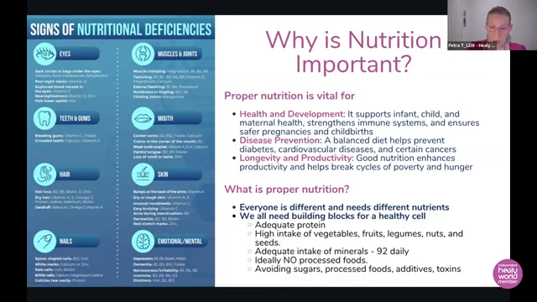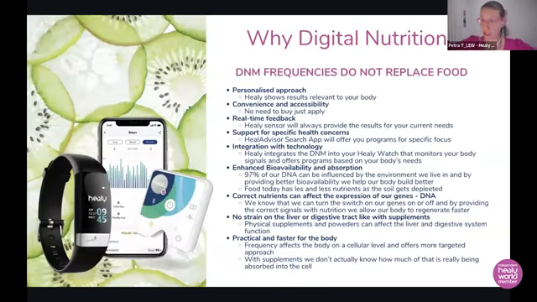Okay. So why digital nutrition? What is digital nutrition? Digital nutrition has been a term before Healy, but Healy was the first company that came out with the application of nutrition through frequency.